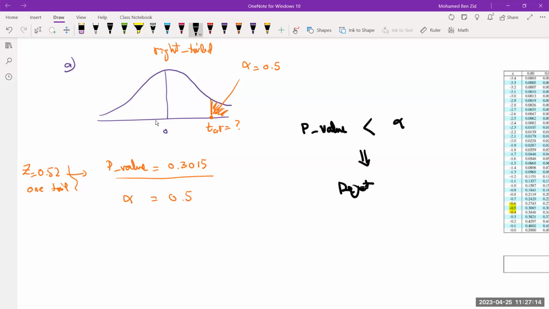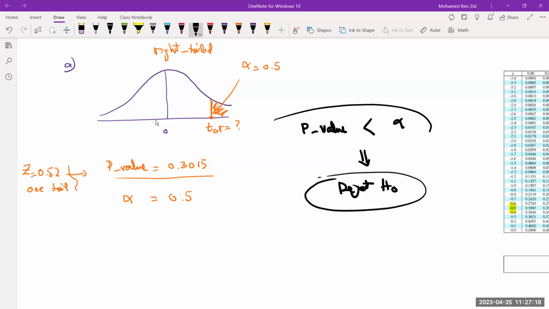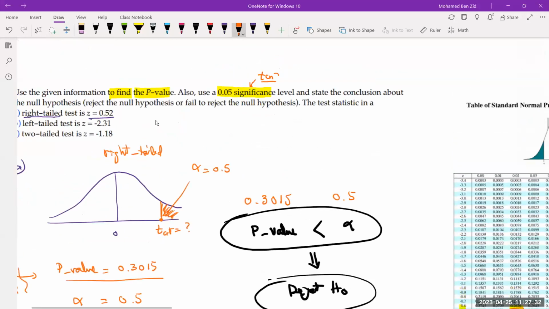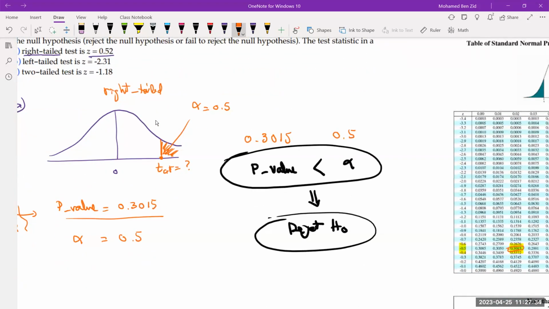Otherwise, you do not reject. So if I have this condition true, I will reject. Now what you're going to do is just verify it. The p-value is 0.3015. The alpha is 0.05, my bad.